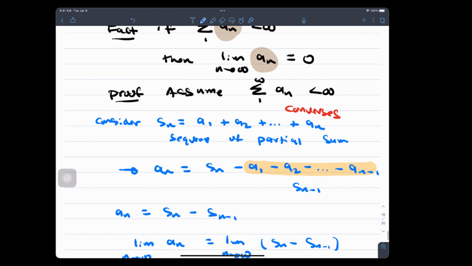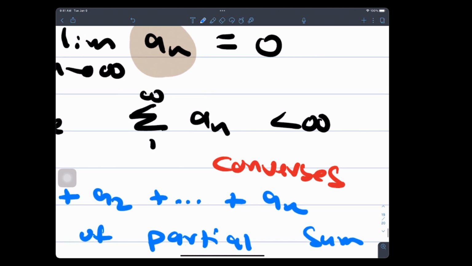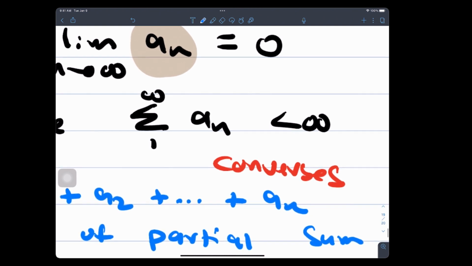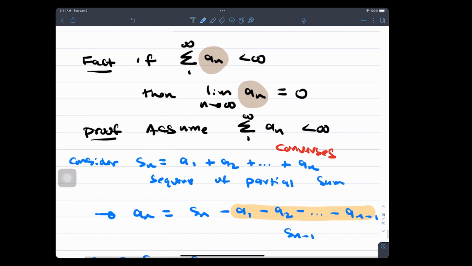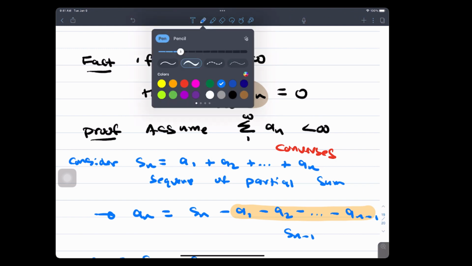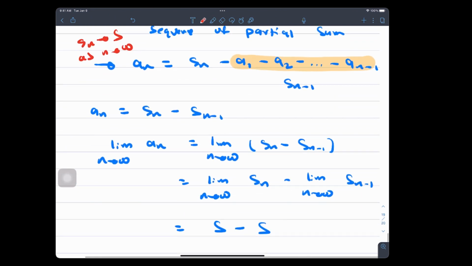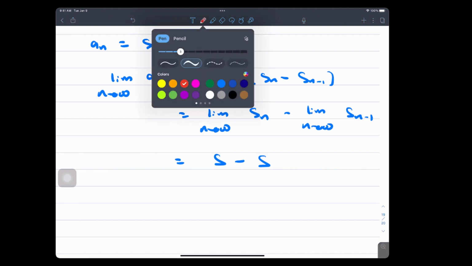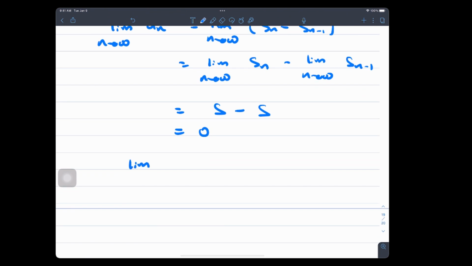This is our assumption: we assume the series converges, which means the limit of the sequence of partial sums is S. This means Sn goes to S as n goes to infinity because we have convergence. And the difference is equal to 0. So what we showed is the conclusion that the limit as n goes to infinity of an equals 0. And that's the end of the proof.